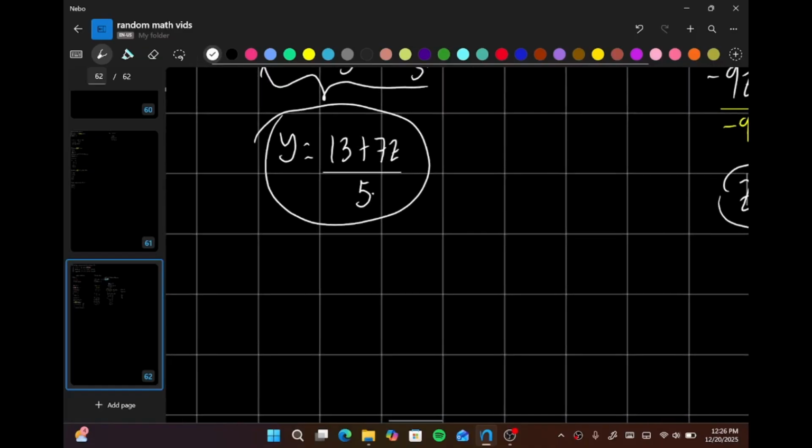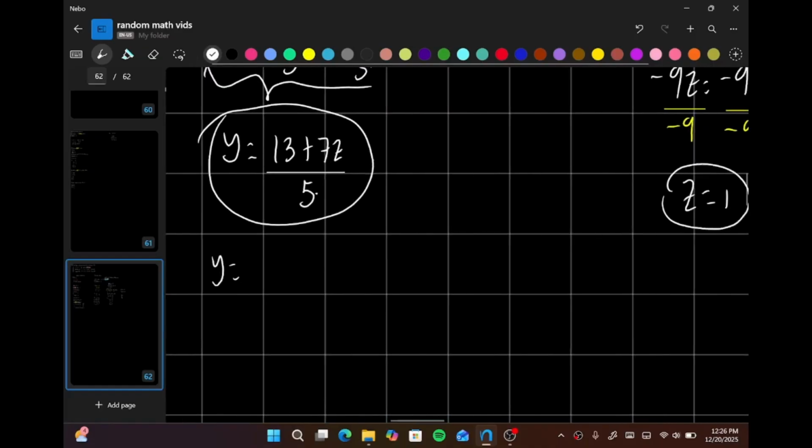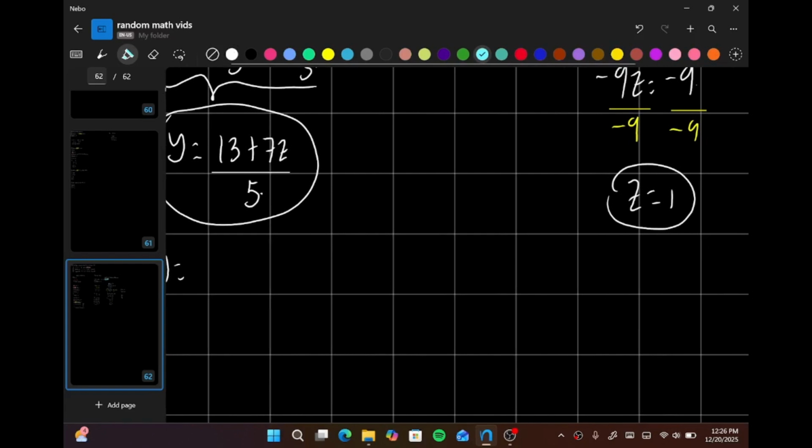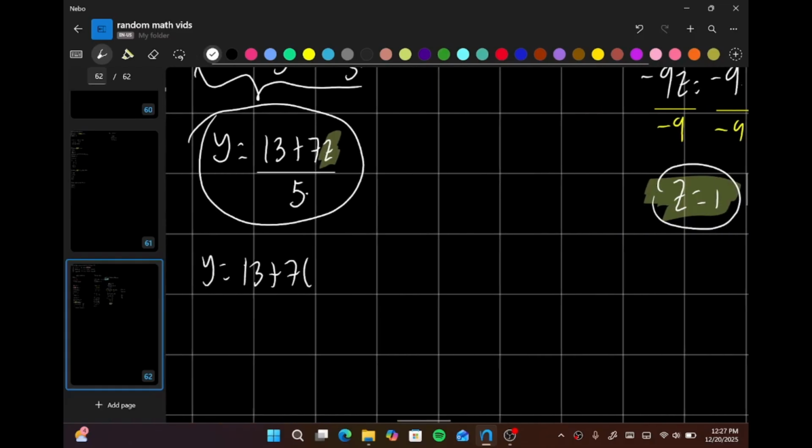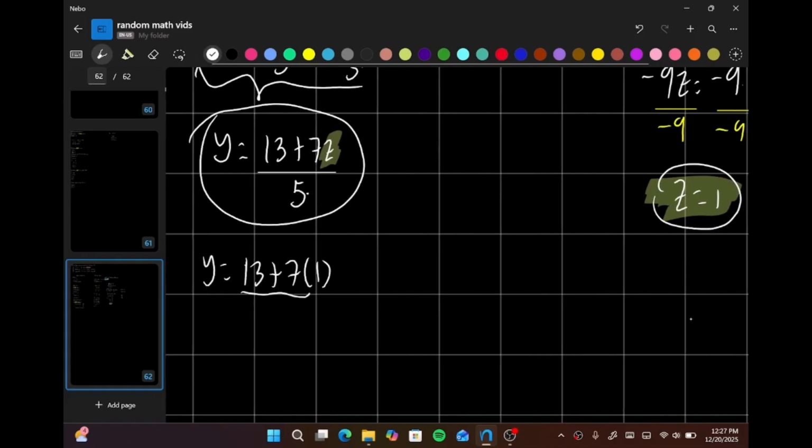We're going to do y equals, and we know that z is equal to 1, so we're going to substitute this into this, okay? So 13 plus 7 times 1 all over 5.